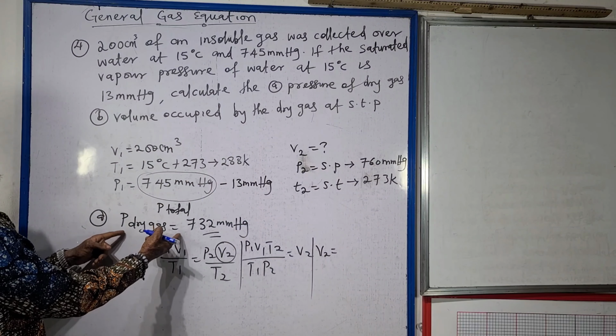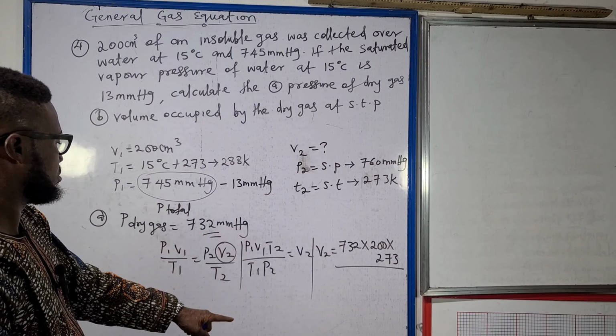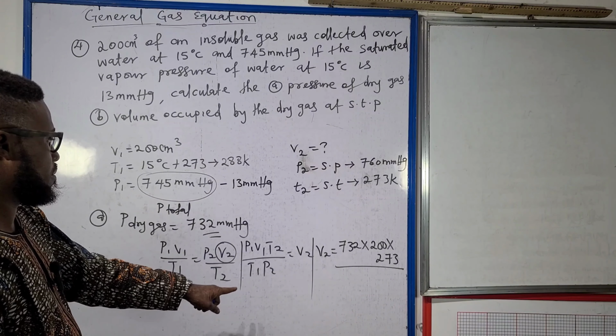T2 is 273. 273 all divided by T1. T1 here is 288 and P2 is 760. So computing this, we are going to get 182.6 cm cube. So that is how we deal with this.